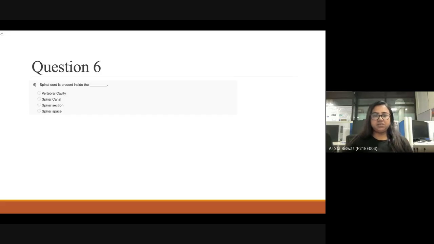Spinal cord is present inside dash. Vertebral cavity, spinal canal, spinal section, or spinal space.